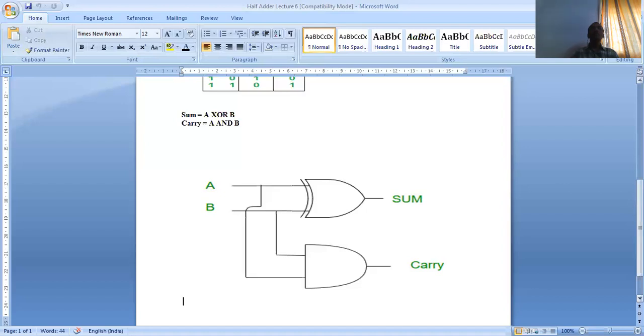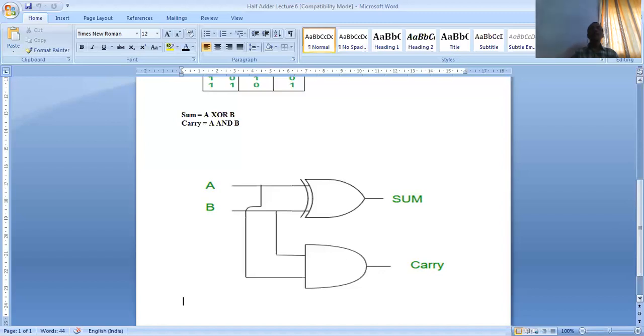0 plus 0 output 0. 0 plus 1 output 1. 1 plus 0 output 1.